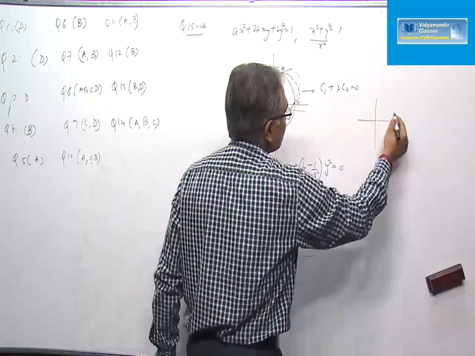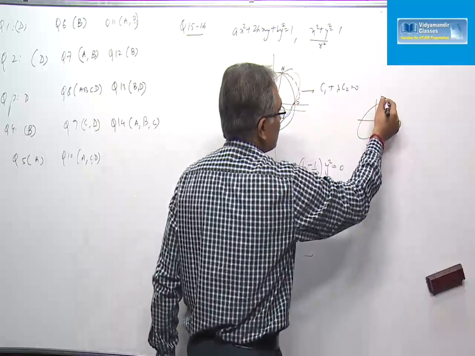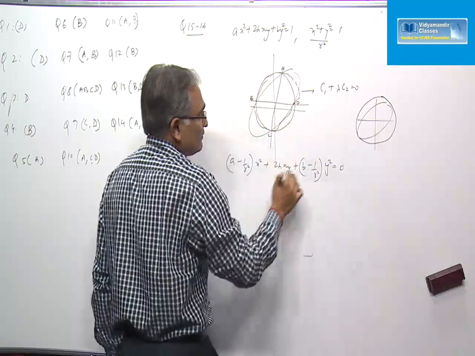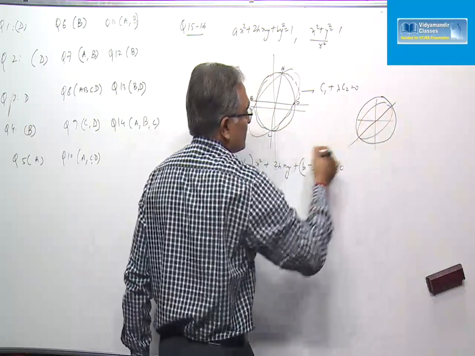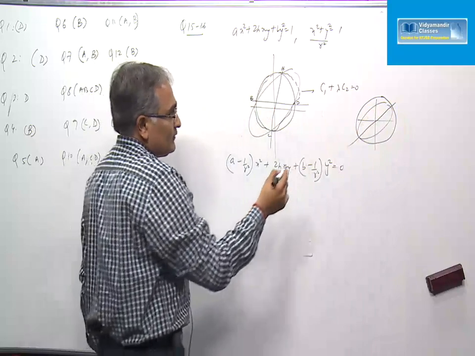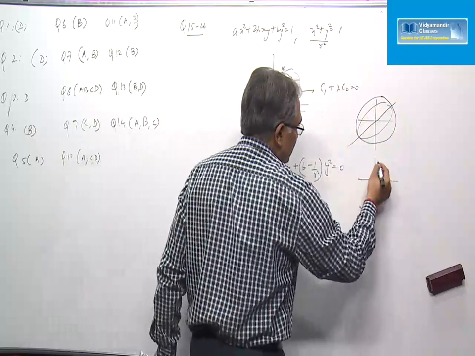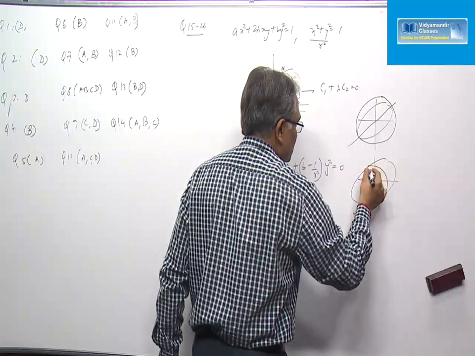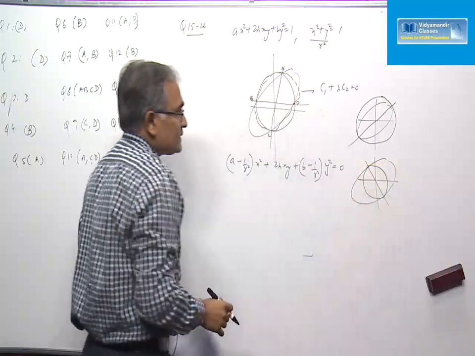Let's say the ellipse is like this and if the circle touches this ellipse, then these two lines will represent a single line. Or in a similar manner, if the circle touches the ellipse from inside, like this, then it is the minor axis.